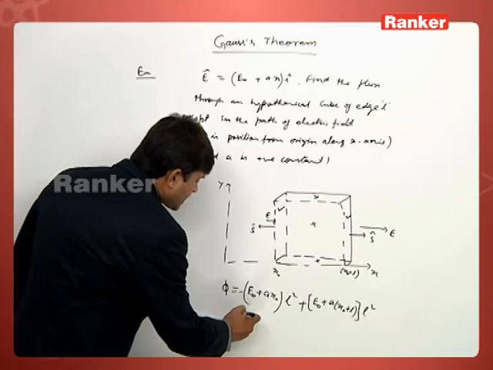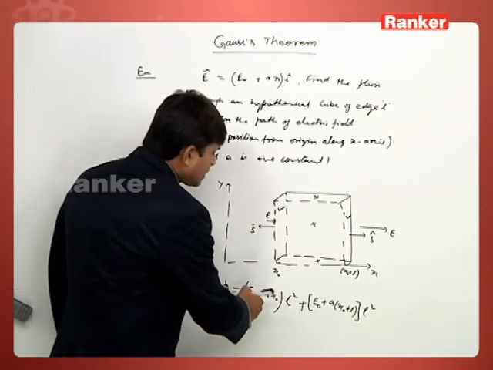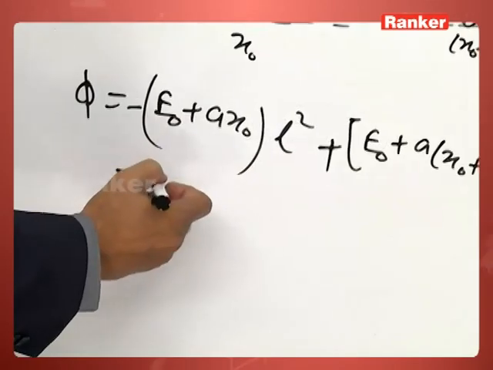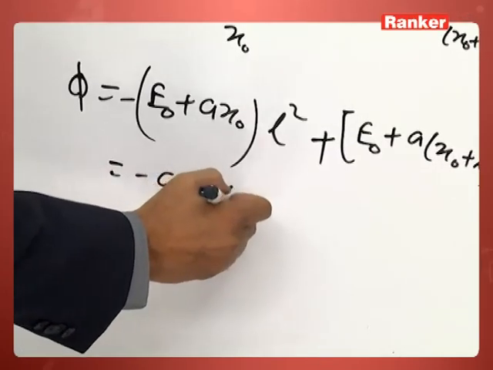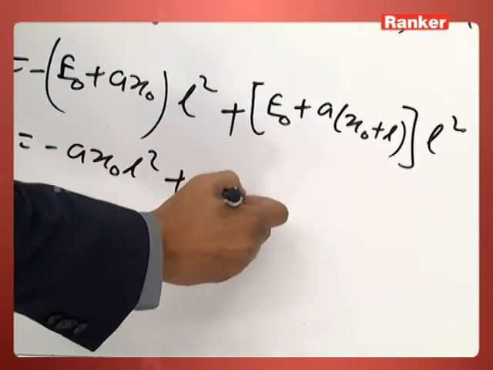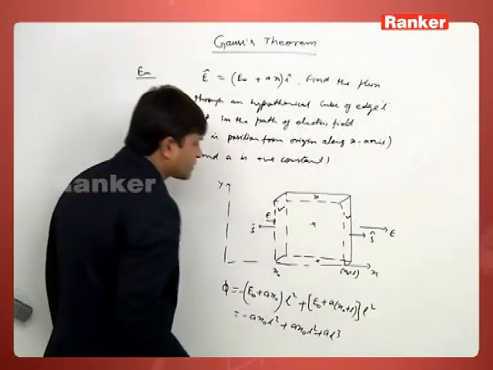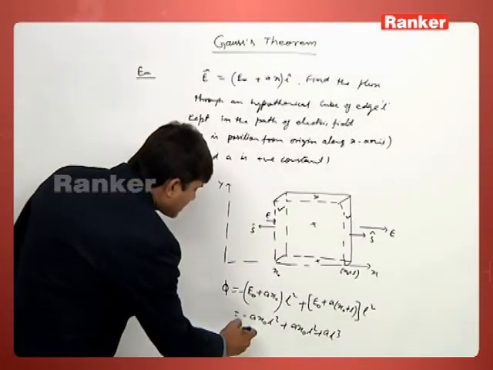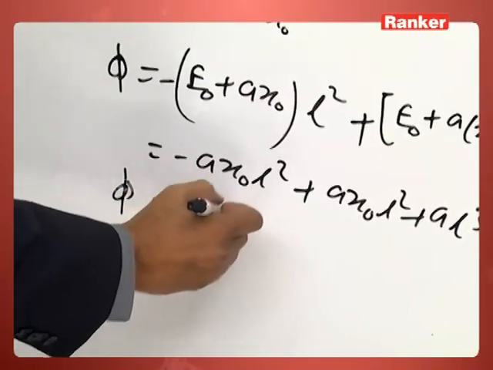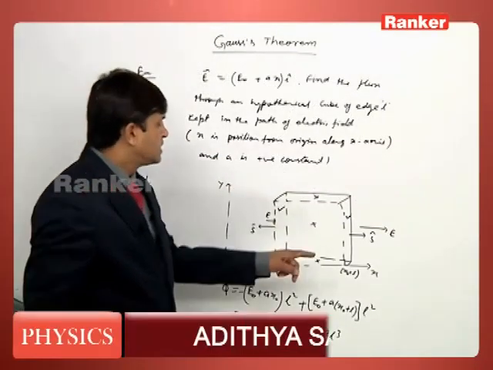Now we can simplify this. After simplification, minus E naught L square and plus E naught L square cancel. Minus A x naught L square cancels with plus A x naught L square, leaving plus A L cube. So finally our answer is that the flux is equal to A L cube. This is the total flux through this cube.